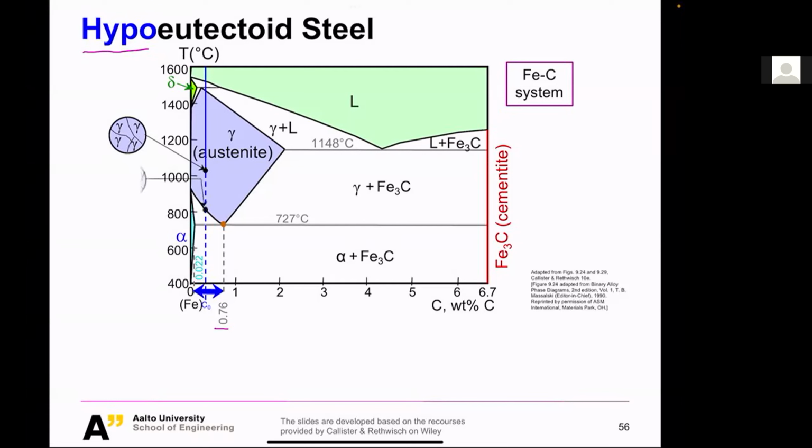When you go further, exactly at this solvus line, the gamma will start to decompose, because at this point you will generate alpha, not out of liquid, but out of your gamma solid solution. But the mechanism is exactly the same. You will have some seeds, some nuclei, small particles, and they will start to grow bigger and bigger. So when you enter the temperature right above your eutectoid temperature, this temperature is also pretty specific. It's 727.